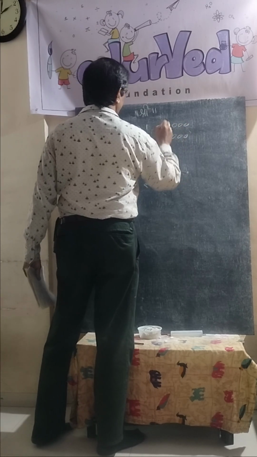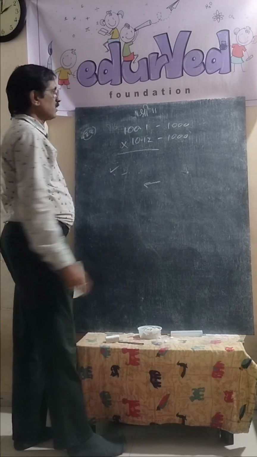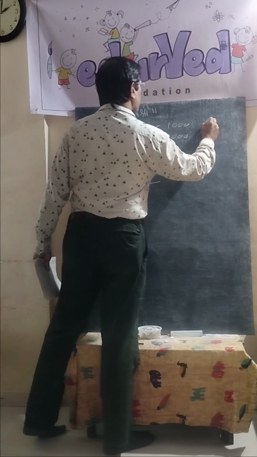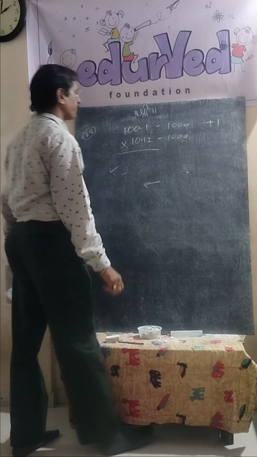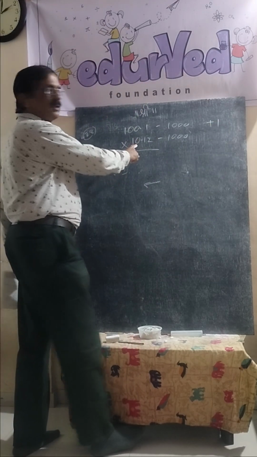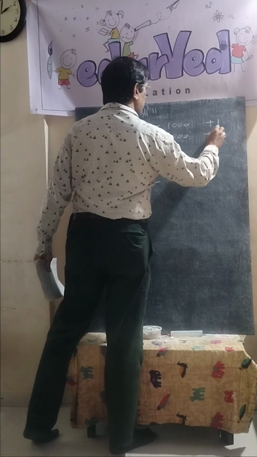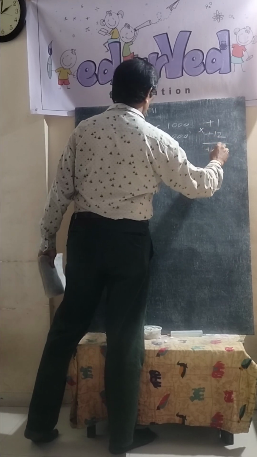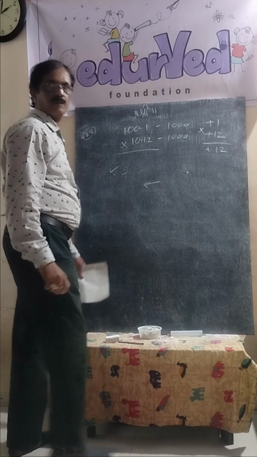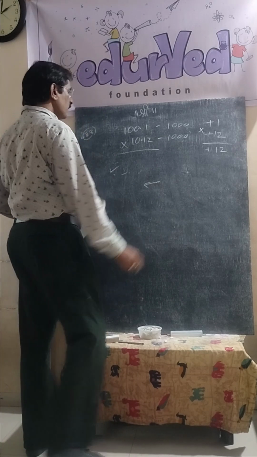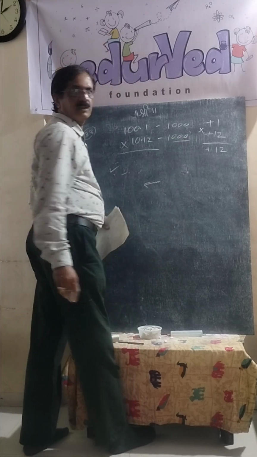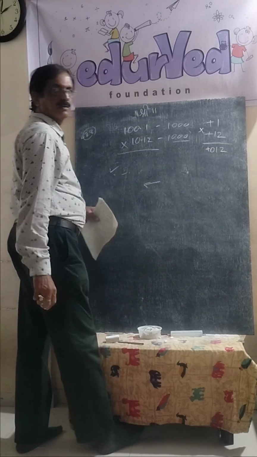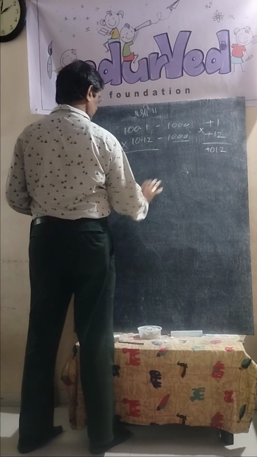So you subtract 1000 from here. 1001 minus 1000 will be plus 1, and 1012 minus 1000 will be plus 12. Multiplication will be plus 12. Here these are 3 digits, so write a 0 over here.